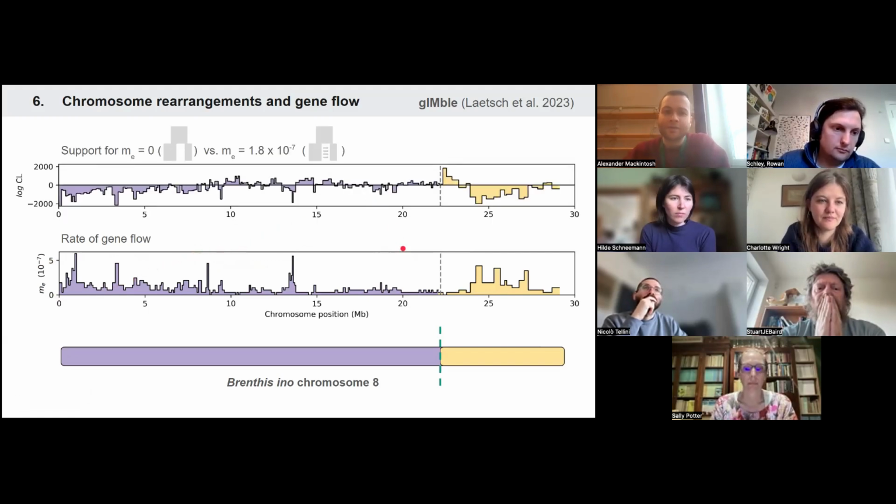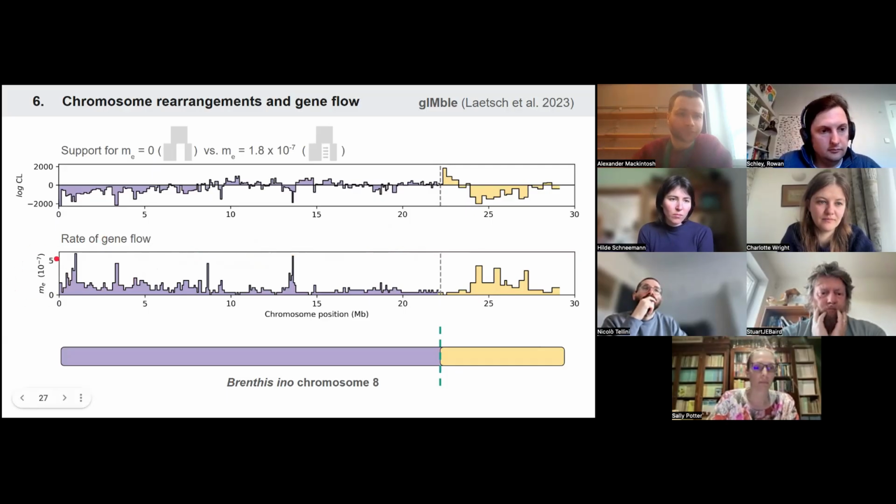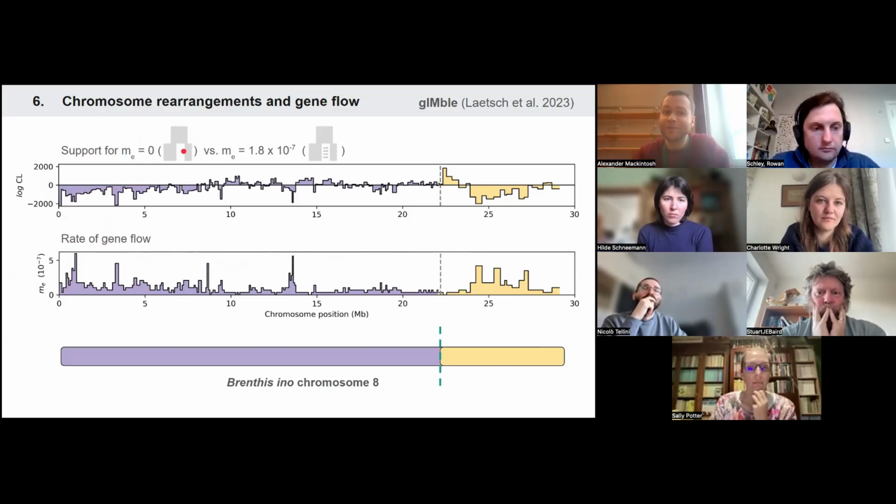And so we can summarize the results in an alternative way that avoids this issue to some extent, where instead of looking at the estimate of one parameter, we look at the statistical support in terms of log composite likelihood for two different models. One is where the effective rate of migration is 0, so there's no gene flow in this part of the genome since the onset of divergence, and an alternative, which is the background rate of gene flow, the genome-wide estimate.